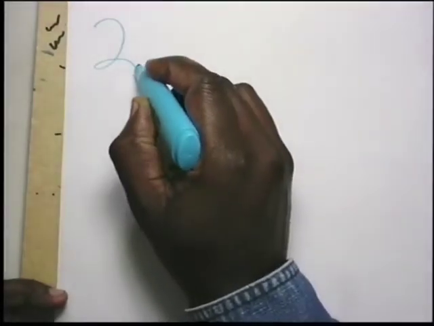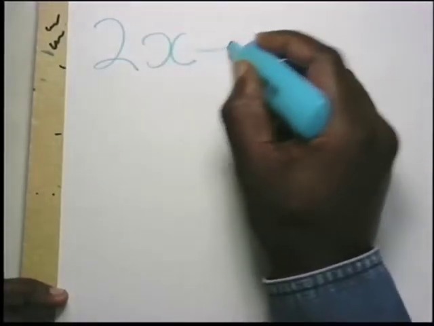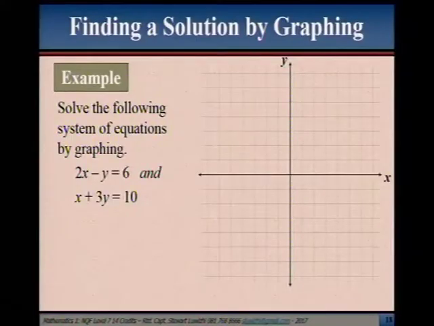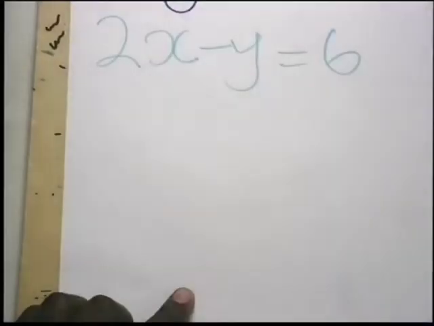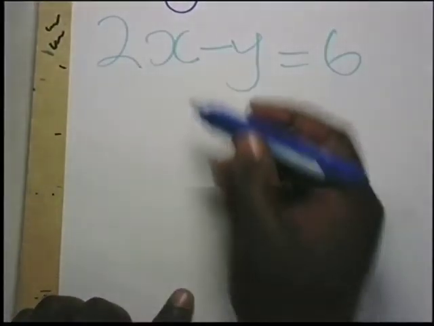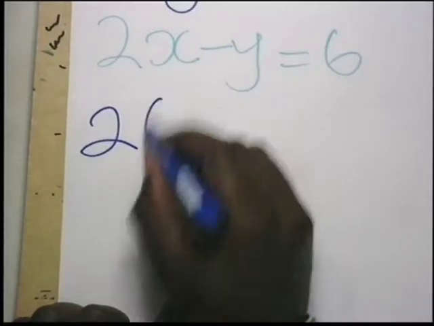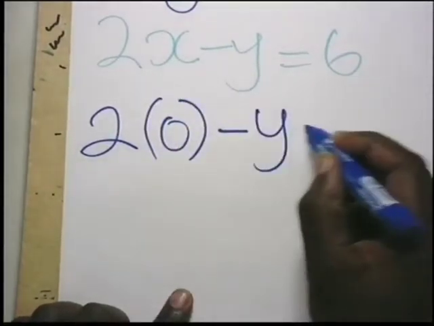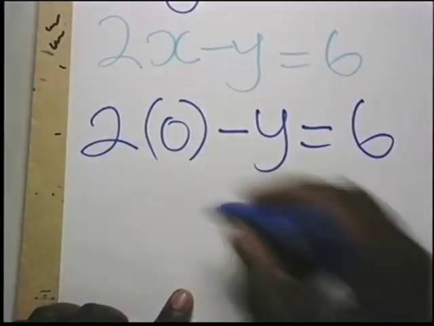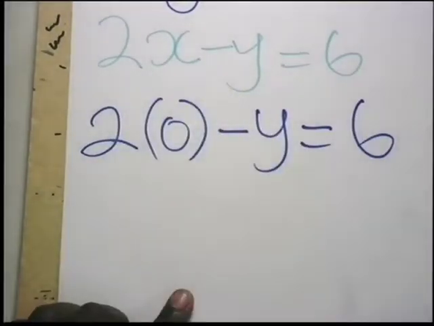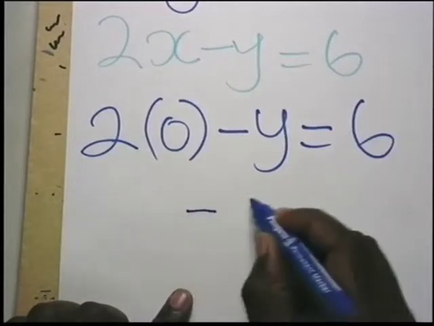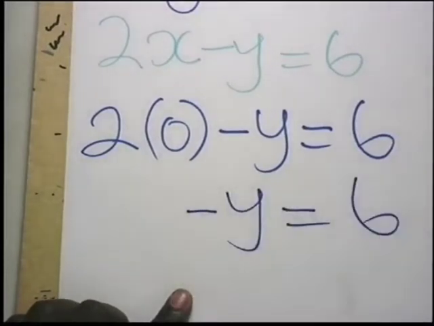If we take our x to be 0, the equation 2x minus y equals 6 becomes 2 multiplied by 0 minus y equals 6. This 2 multiplied by 0 is 0, so we only remain with minus y equals 6.